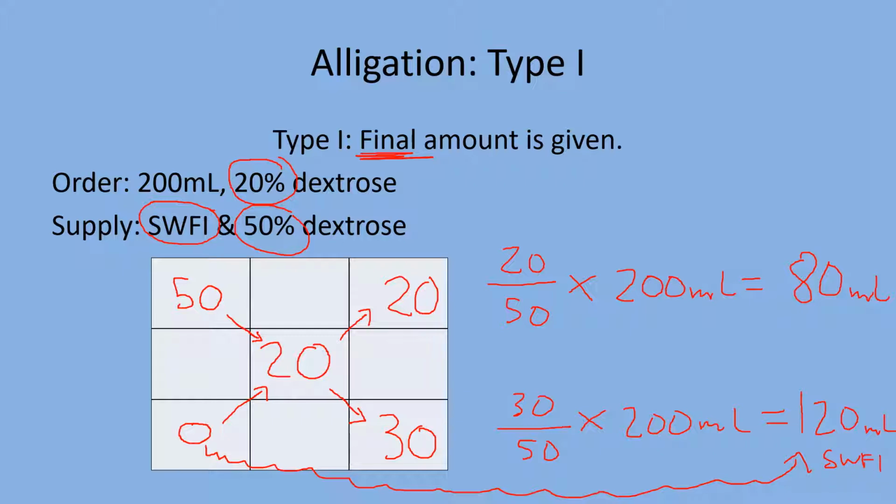So if you said 80, you did all the math correctly, you just entered in the wrong number. So how much 50% did you use? This percentage goes with this volume. So be careful when you're answering the questions. Put in the number they're asking for, the volume they're asking for.